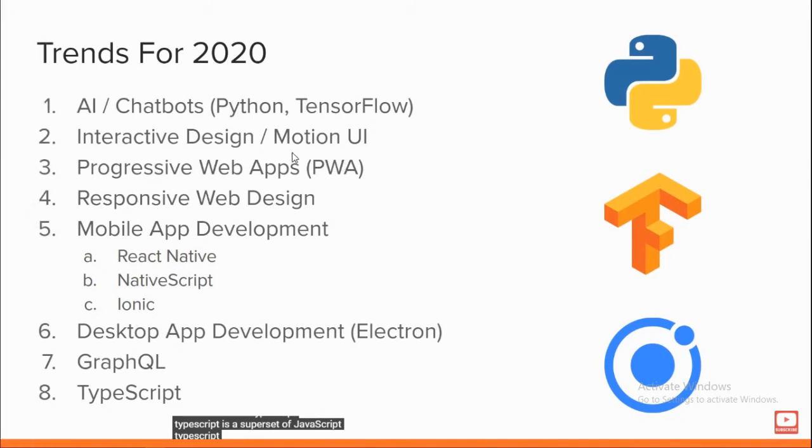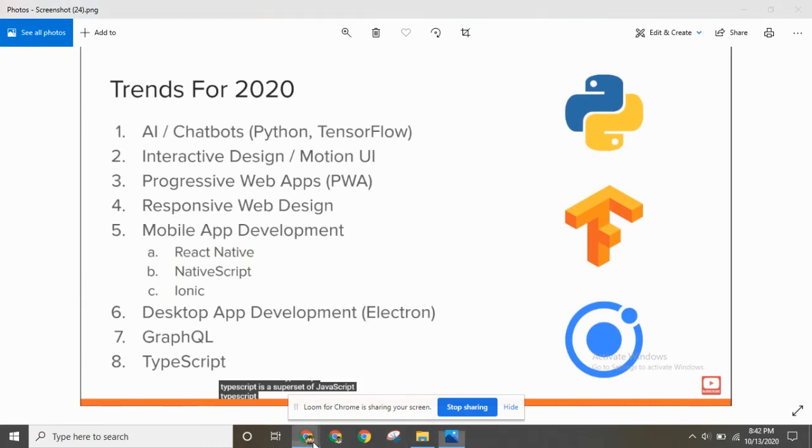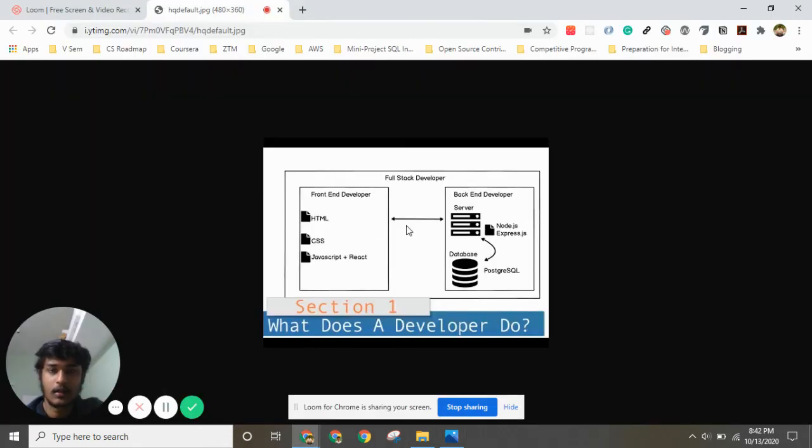Progressive web apps are like Bootstrap. We can use them for more responsive design, and TypeScript. TypeScript is nothing but another programming language similar to JavaScript, where it is statically typed. I guess we also have GraphQL. So I think we have covered up to this one, right?